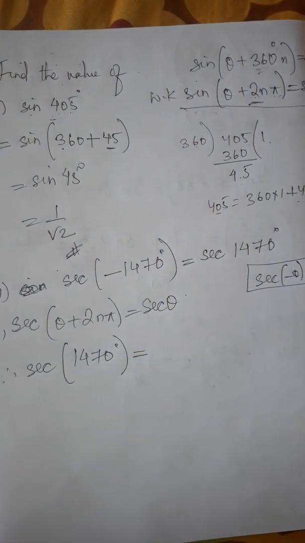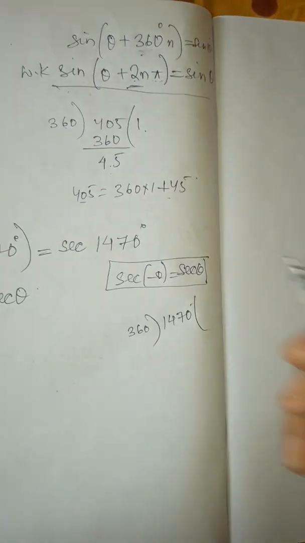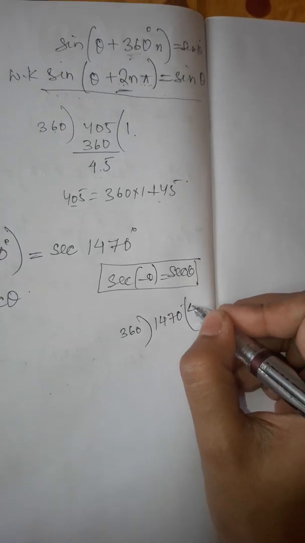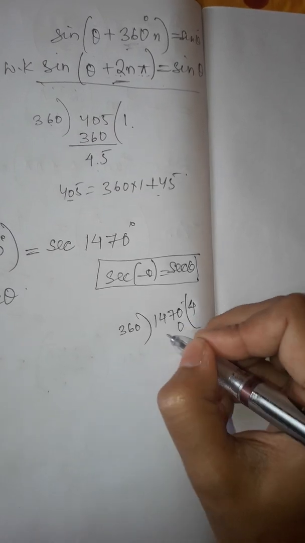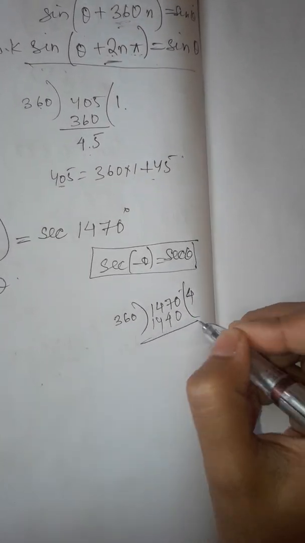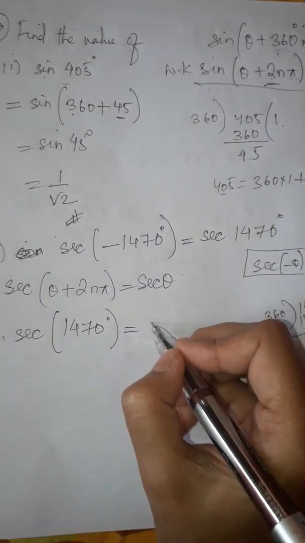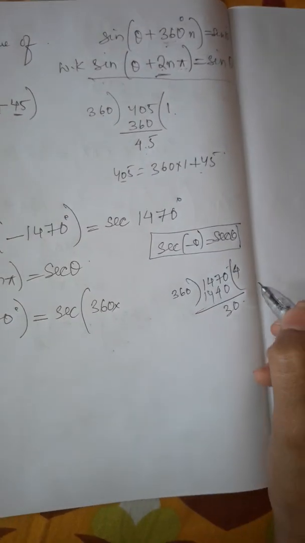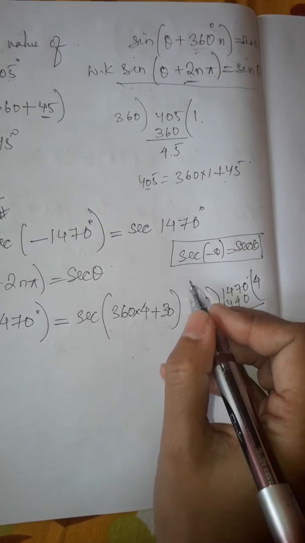Now if we divide it by 360 degrees, 360 goes into 1470 four times. 6 4s are 24, 4 3s are 12, 13, 14. So our remainder is 30. So we can write this as sec of 360 into 4 plus 30 degrees.